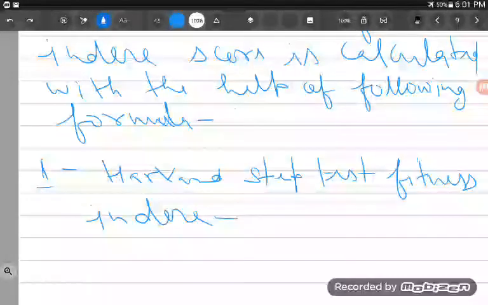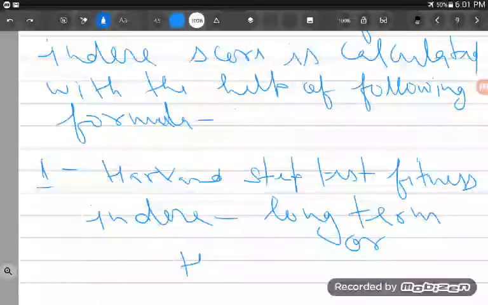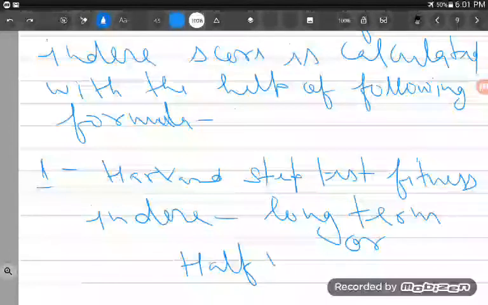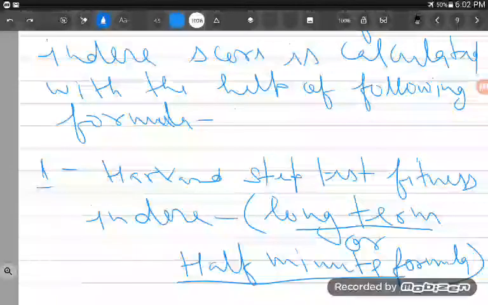It is very important for you. Long term or half minute formula. Long term or the half minute formula, and you will get it in your question also.